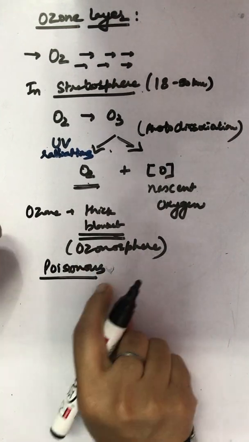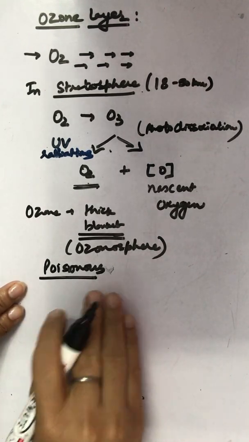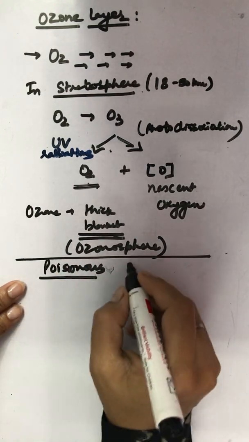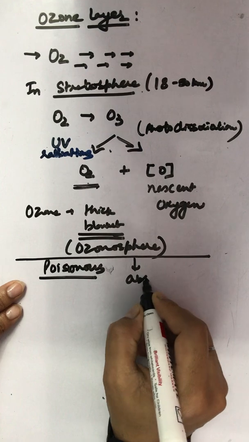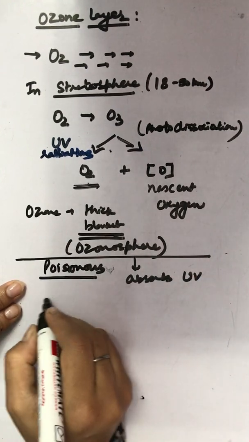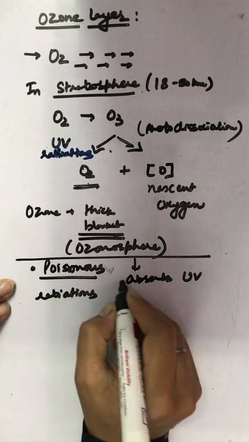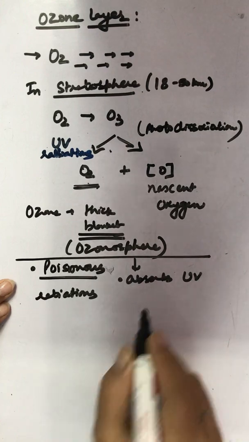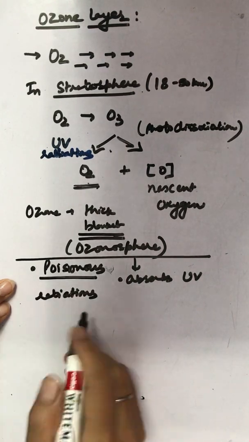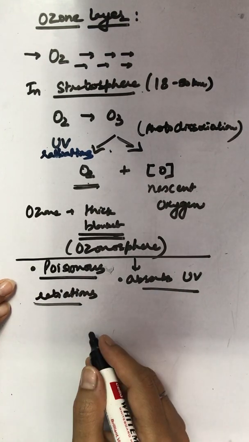It is not stable near the Earth's surface, but this shield performs a very useful function. What is that useful function? This shield absorbs harmful UV radiations of the sun and prevents them from reaching the Earth's surface. So we are lucky that we are not near this poisonous gas.